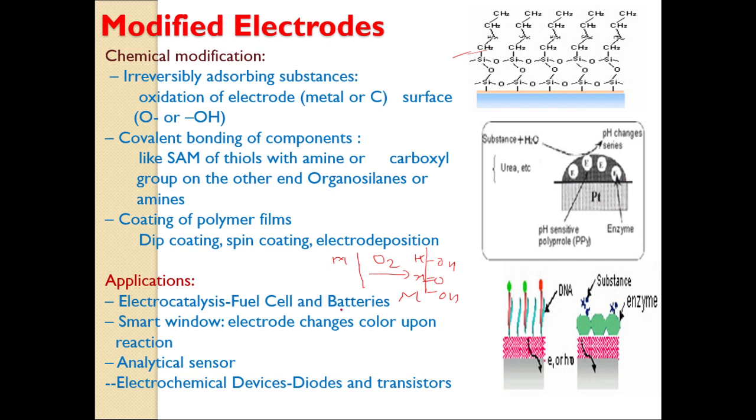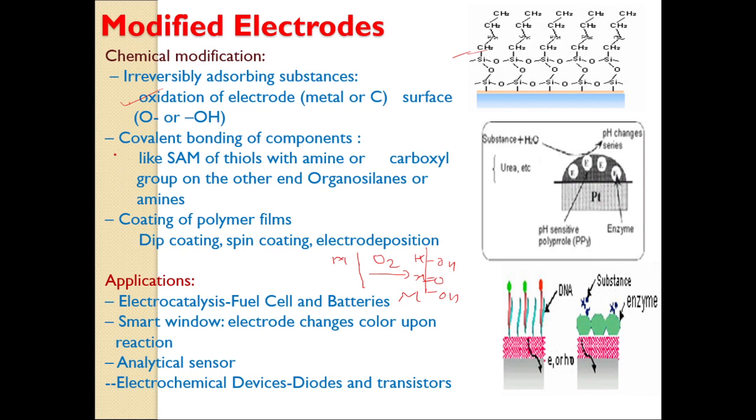So that's why modification plays an important role. There is an essentiality of modifying the electrode surfaces. Irreversibly adsorbing substances we can obtain by oxidation of the electrode, metal or carbon surface by O and OH.